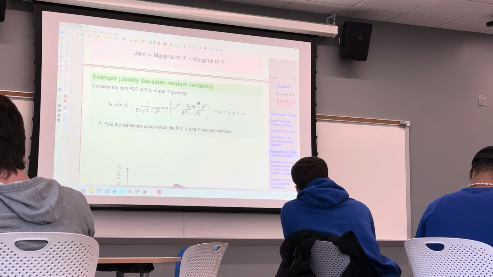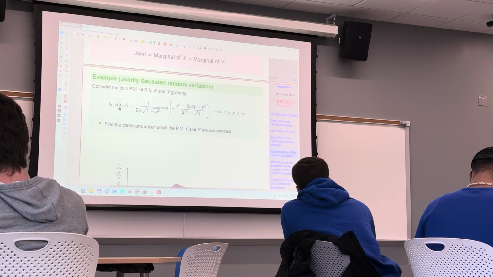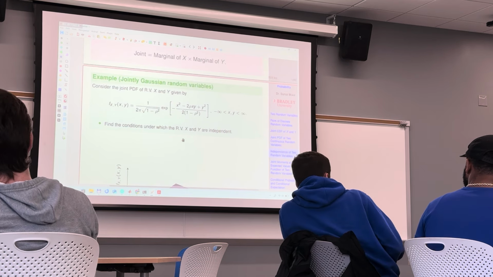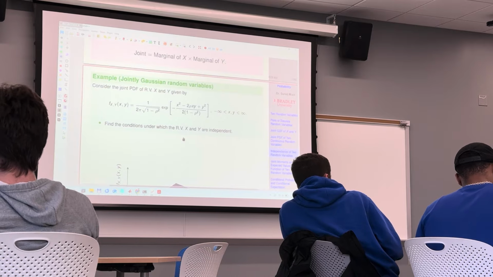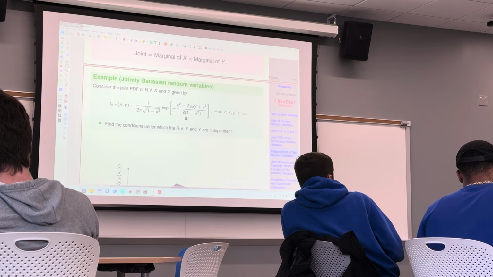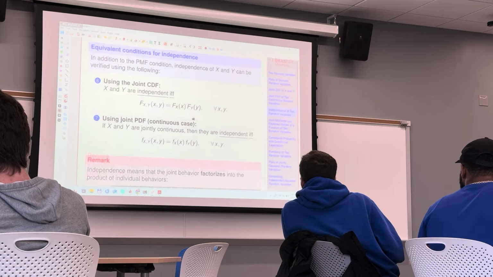Okay, guys, you tell me, did we find the marginal PDF of random variable x and y given this joint PDF? Did we find it in the previous example? I think we did, yeah.